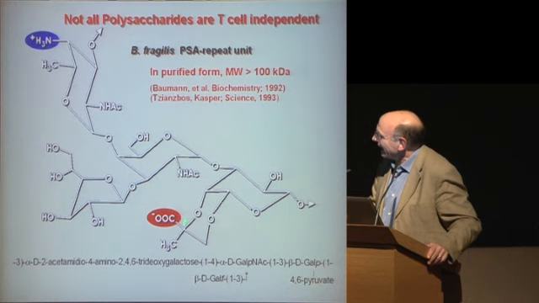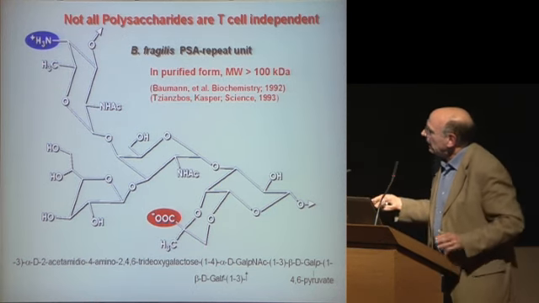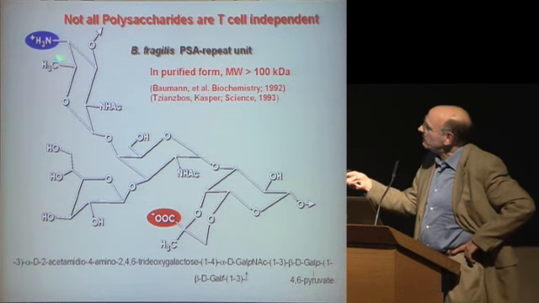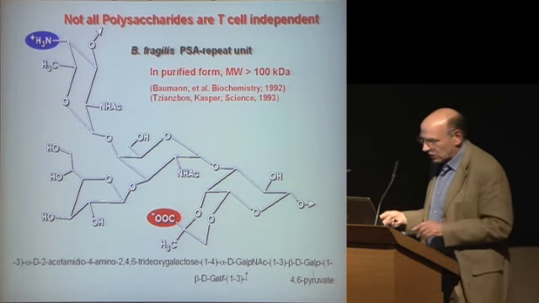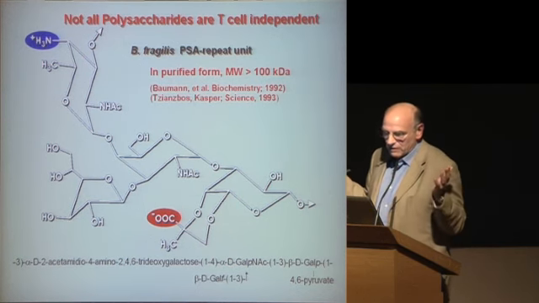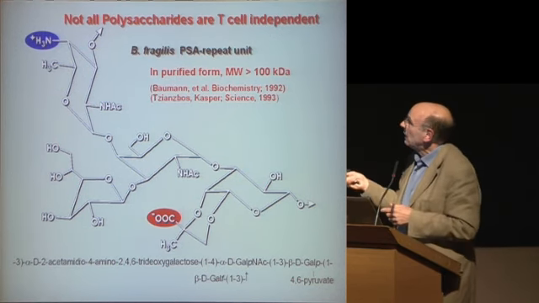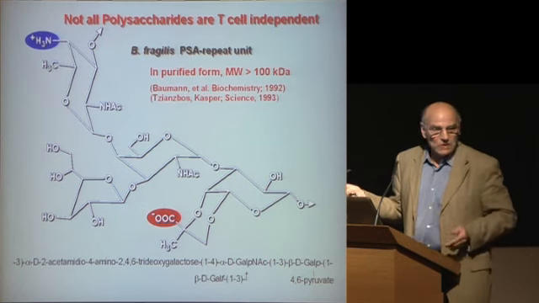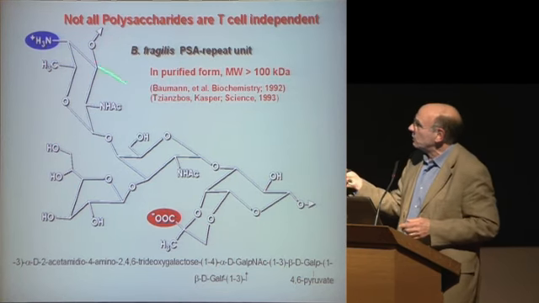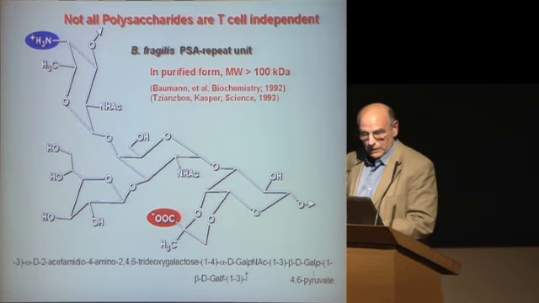It also had a negatively charged carboxylate group on this pyruvate ring of this galactose here. So this positive and negative charge led us to call these polysaccharides, which are very few, I would say, of the hundreds and hundreds of polysaccharides which have now been structured, zwitterionic. There are about 5 or 6 that have this zwitterionic motif, positive and negative charge all the way up and down the chain.